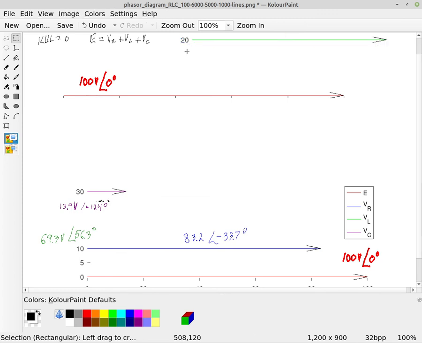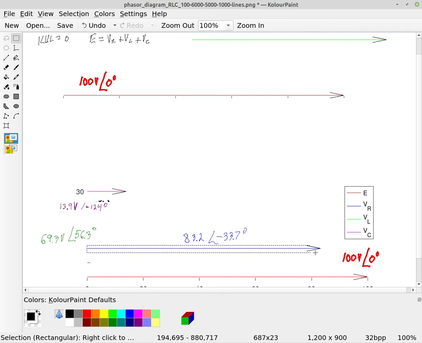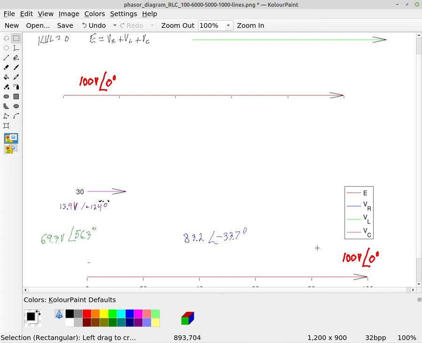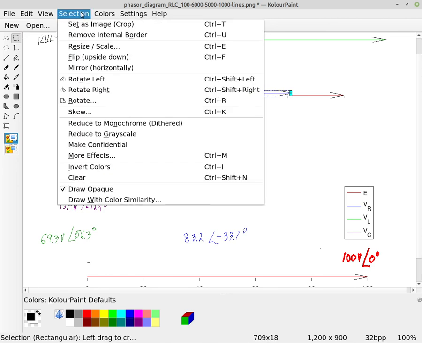Okay, the 20 was just a scaling thing. It doesn't matter there. These numbers were just from the plot. But now I'm going to grab this again now that I got the green one out of the way, and paste it back in here. But I'm going to rotate it.